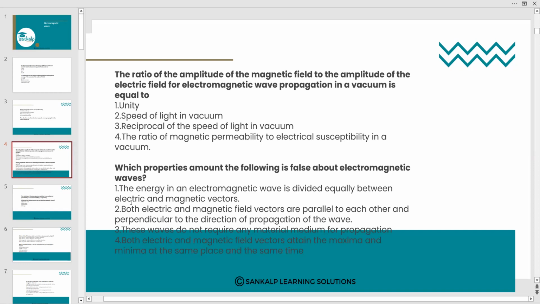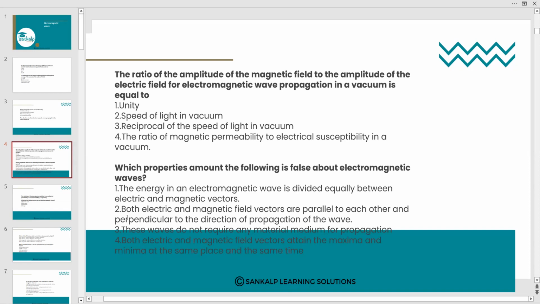So they are asking which property about electromagnetic waves is not correct. In the first option, the energy in an electromagnetic wave is divided equally between the electric and the magnetic fields. Yes, it is divided. Option B, both electric and magnetic field vectors are parallel to each other and perpendicular to the direction of propagation. This is not true, they are perpendicular only.